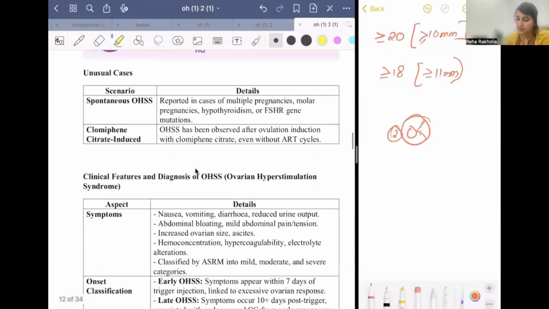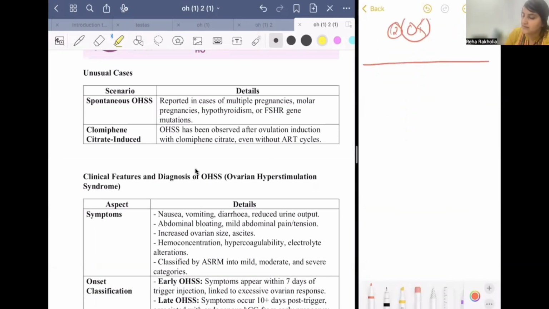And now we'll talk about the unusual cases. OHSS can present in unusual cases. Unusual instances include spontaneous OHSS, which may occur in cases of multiple pregnancy, molar pregnancy, hypothyroidism, and FSHR gene mutation. Okay.